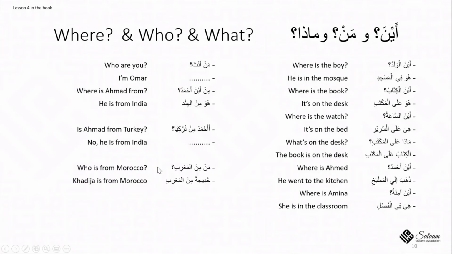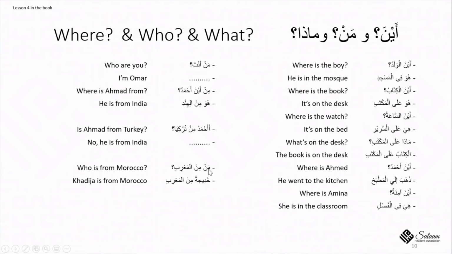He is from India. Now, this is also a very important thing to notice. من من المغرب. Man here means who. As you remember, min is different than man. So mim with kasrah means from, like here. Min aina, min, right?